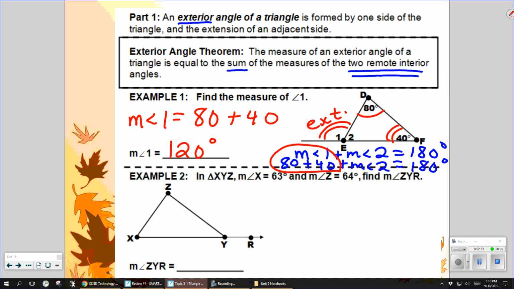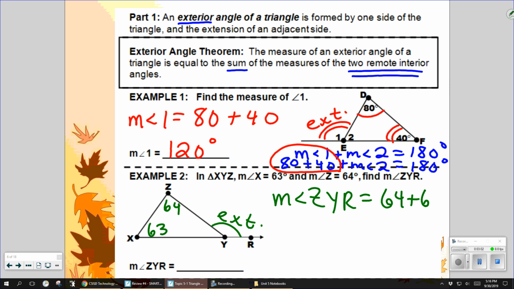Okay? All right, in example 2, it says in triangle XYZ, we know that angle X is 63 degrees, and angle Z is 64, and we want to find the measure of angle ZYR. Angle ZYR is this exterior angle right here. So based on that theorem then, the measure of angle ZYR should be 127. 64 plus 63.